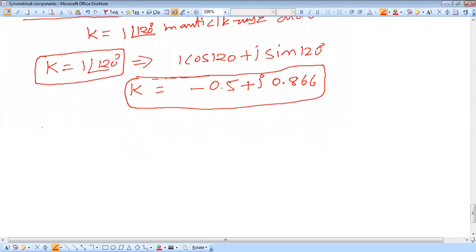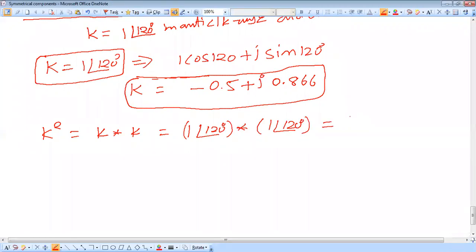Similarly, what is the K square value? K square is K into K, that is 1 at an angle of 120 into 1 at an angle of 120. In polar form, the magnitudes are multiplied and angles are added: 120 plus 120 is 240. That is the K square value in polar form.